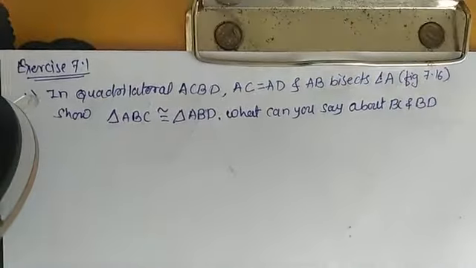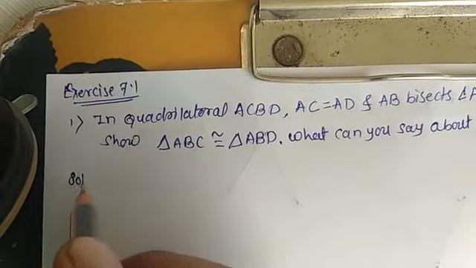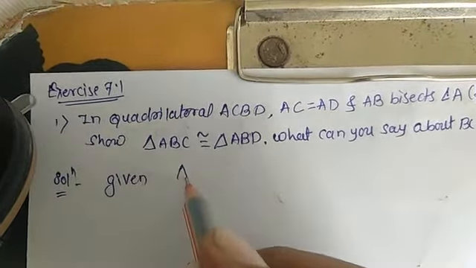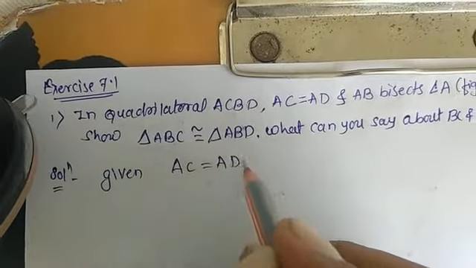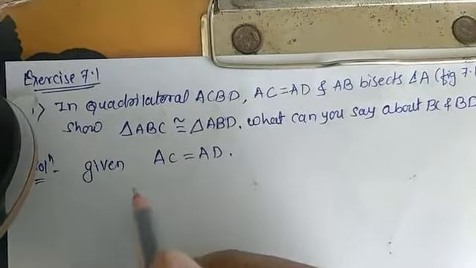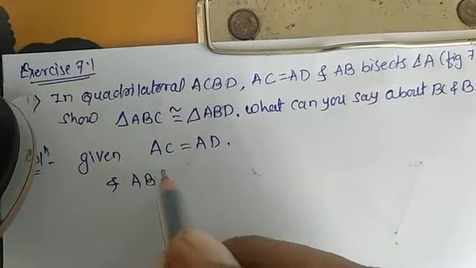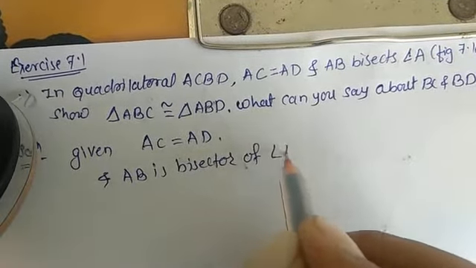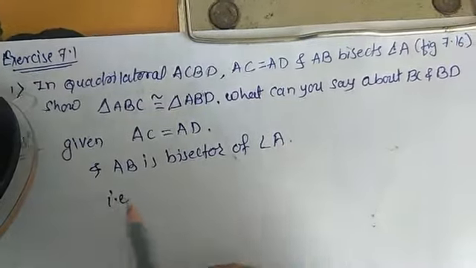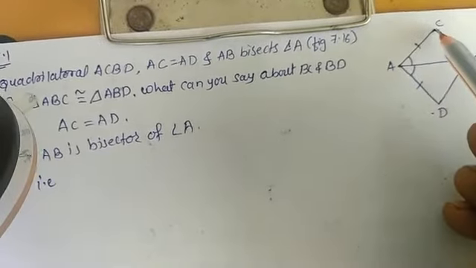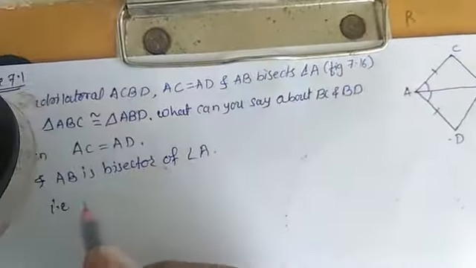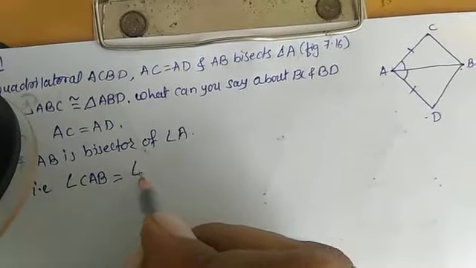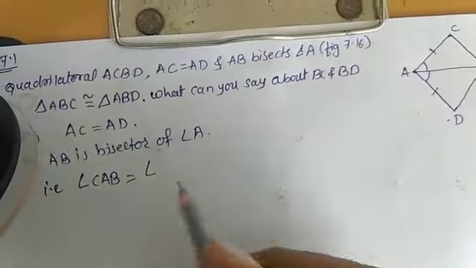Now in the solution, what is the given part here? Given here is AC is equal to AD, and AB is a bisector of angle A. From this we can write angle CAB is equal to angle BAD.